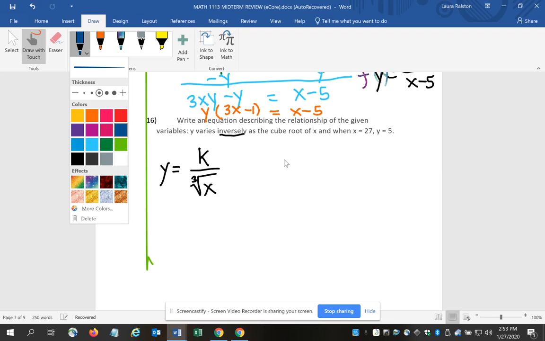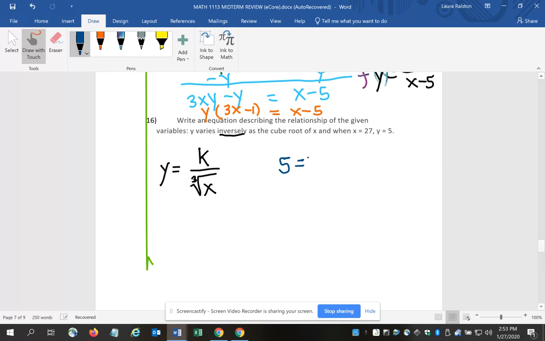Okay, so I would have 5 equals k over the cube root of 27. The cube root of 27 is 3. So I have 5 equals k divided by 3. I'm going to multiply by 3 on both sides to solve for k, and k is 15.